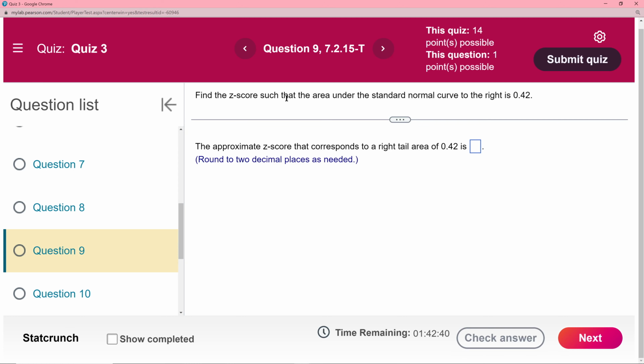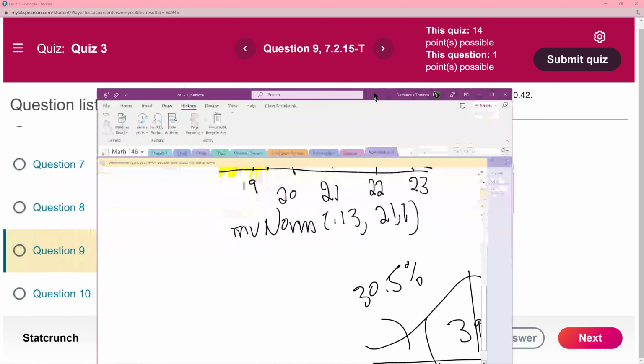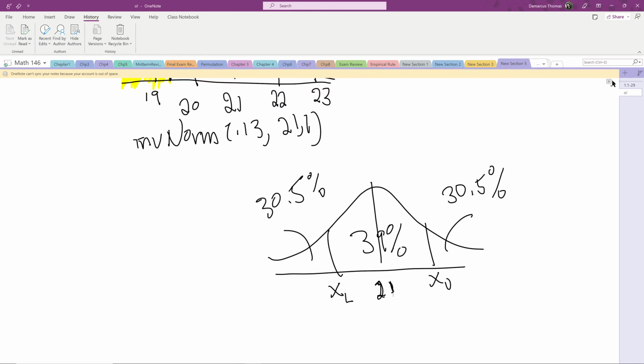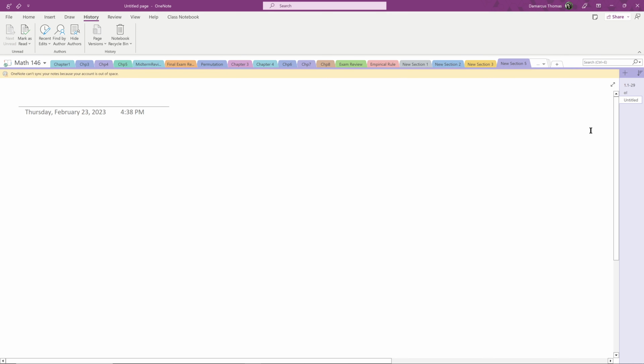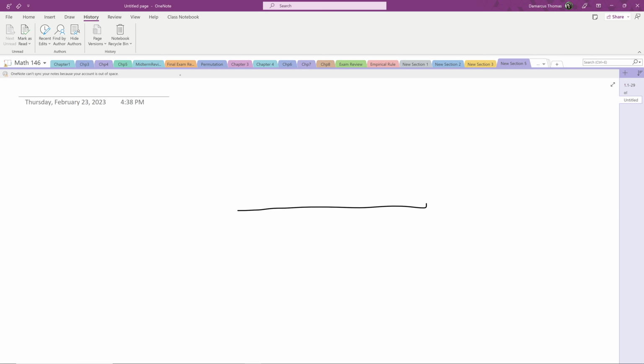Find the z-score such that the area under the curve to the right is 0.42. There's a couple of ways to approach this. Let's look at a few. We're talking the area to the right is 42%.